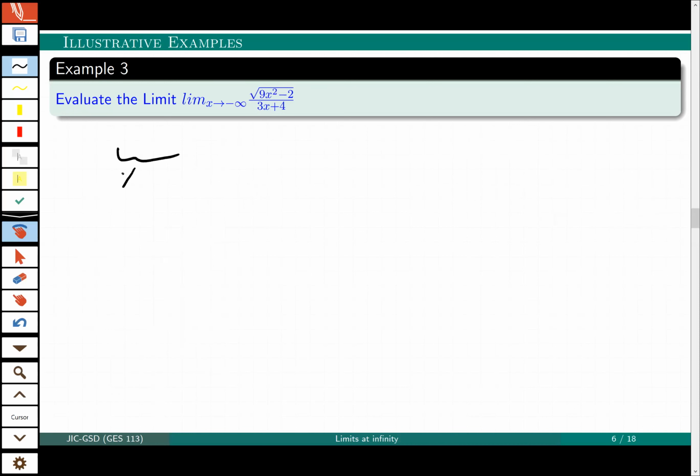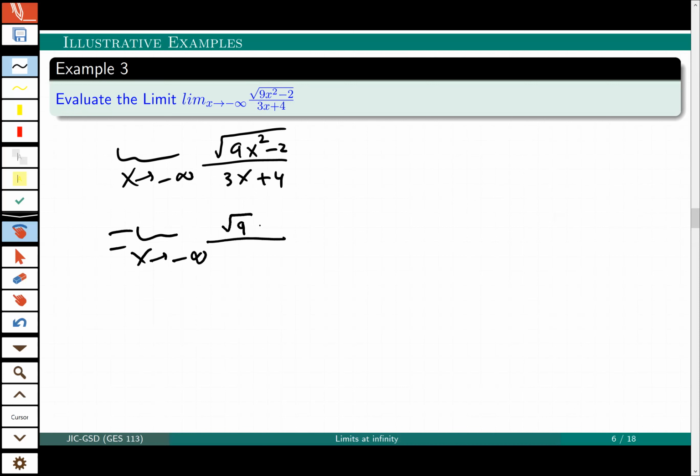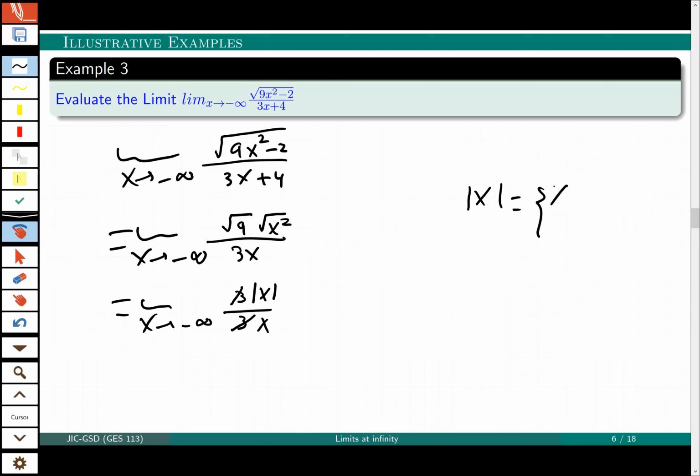But in this case, where I have minus infinity, square root of 9x squared minus 2 divided by 3x plus 4, as we said, we take only the largest power, so it will be square root of 9, square root of x squared, and 3x. Square root of 9, we know it is equal to 3, but square root of x squared is absolute value of x. Now, absolute value of x is x if x is positive, and negative x if x is negative.